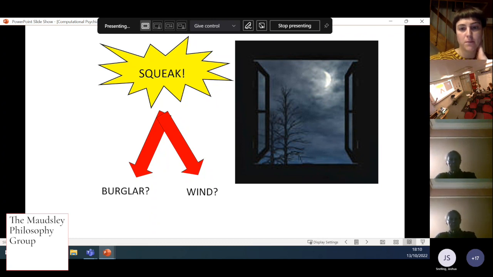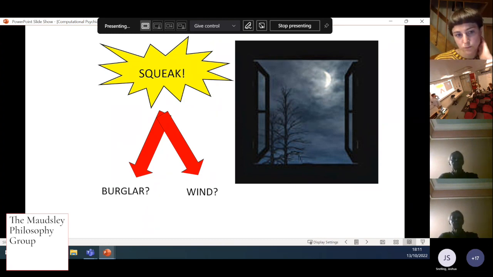Namely, if they were true, they would generate that noise, the squeak of the window. But suppose that you live in an area that has really low crime rate and you know that it's a windy night, then the prior probability of the wind hypothesis is much higher, right? And that's the hypothesis that you should select.